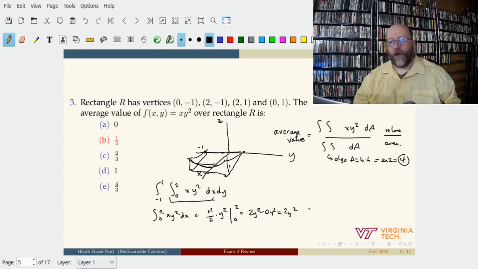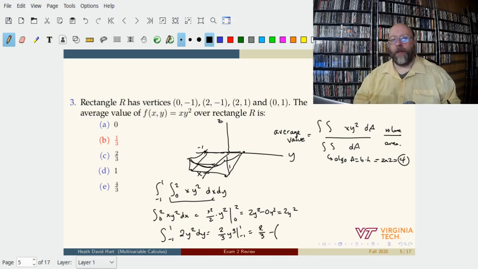So now we have to integrate that from -1 to 1. And so we get 2/3 y cubed. Plug in 1, plug in -1. Oh, all right. So when we plug in 1, we get 2/3 times 1.